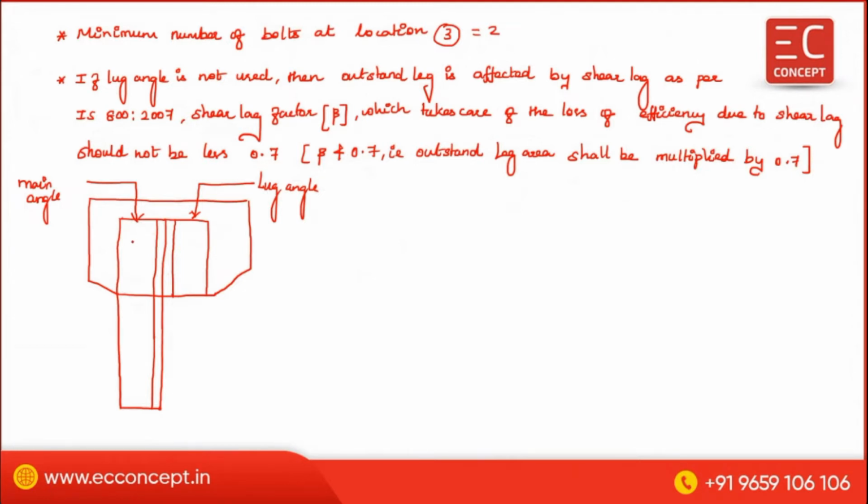Now, this is the connected leg. This is connected with a gusset plate with a bolt. This is the lug angle connected leg, also connected with the gusset plate. Now, these two are the outstanding legs of the main angle, so we can connect this outstanding leg by bolts.